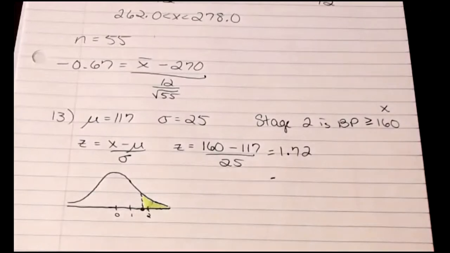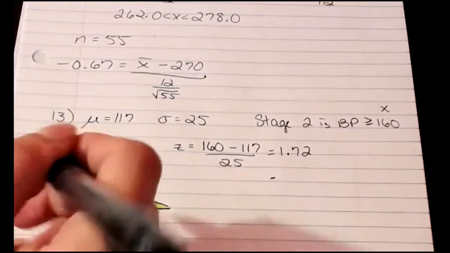Now, we're going to go to our z-score table. You'll have this from your Unit 6 notes. It's the last 2 pages. We're going to open up to the positive side, and look at a z-score of 1.72. So can you tell me the answer? What is 1.72? It is 0.9573.